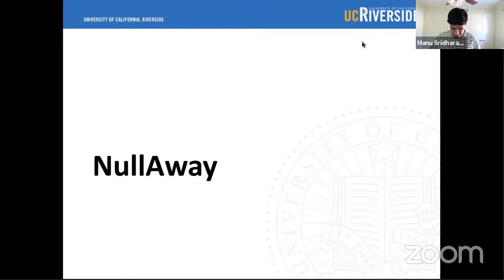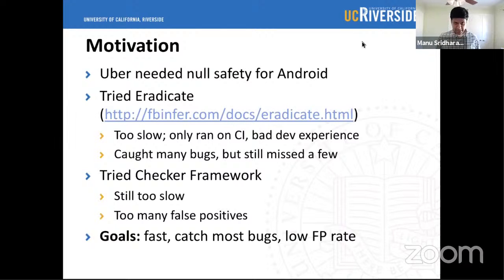So when we started this work at Uber, the motivation was exactly what I mentioned before, app crashes. Uber really needed null safety for its Android apps. Null pointer exceptions were causing a significant percentage of crashes in Uber's Android apps. And as I mentioned, there are existing tools for doing this kind of type-based checking.